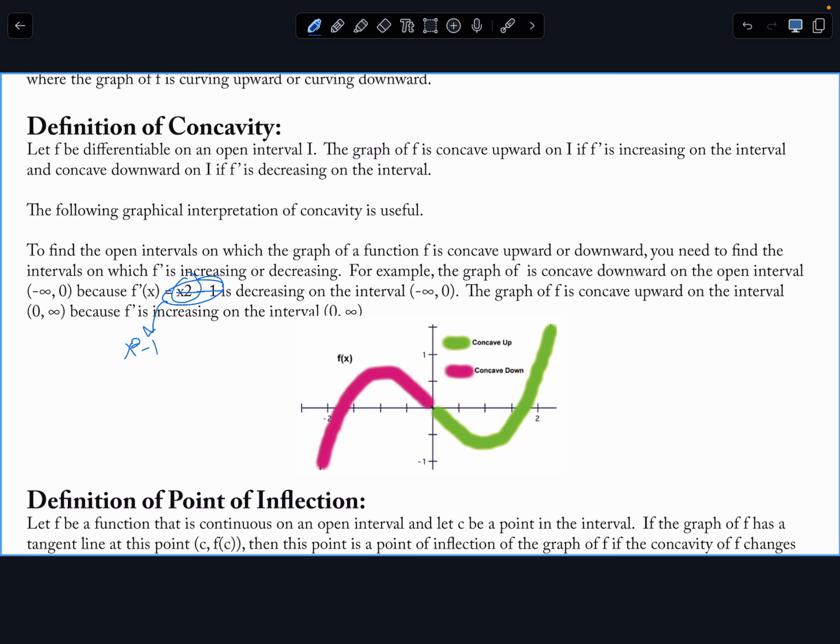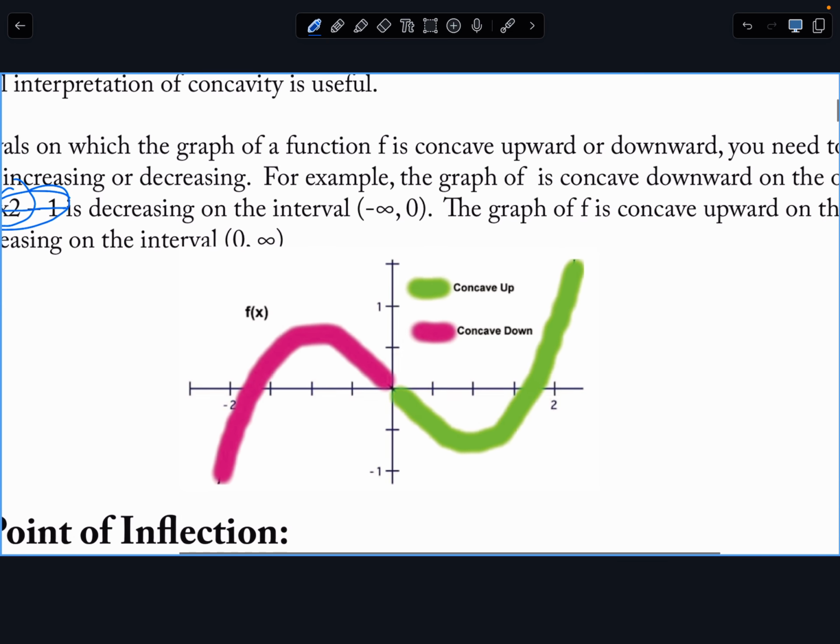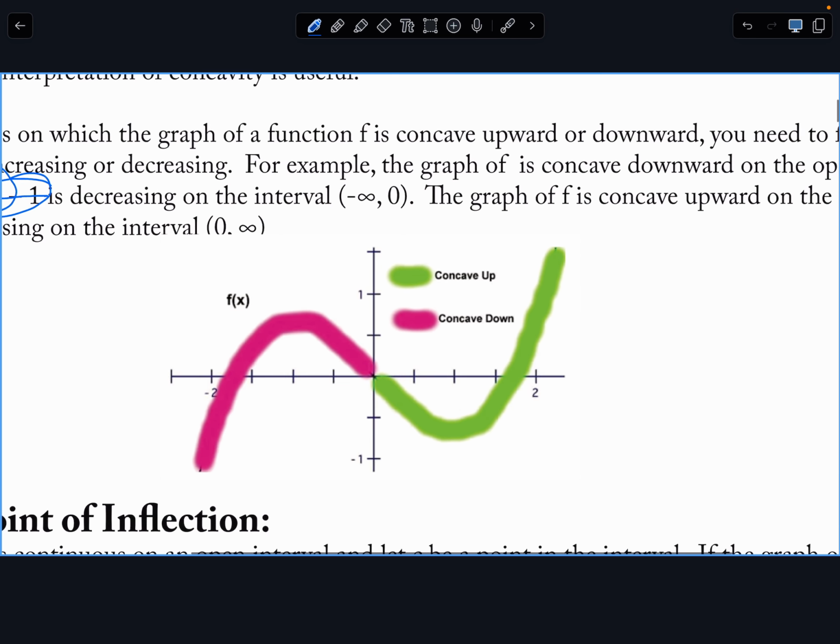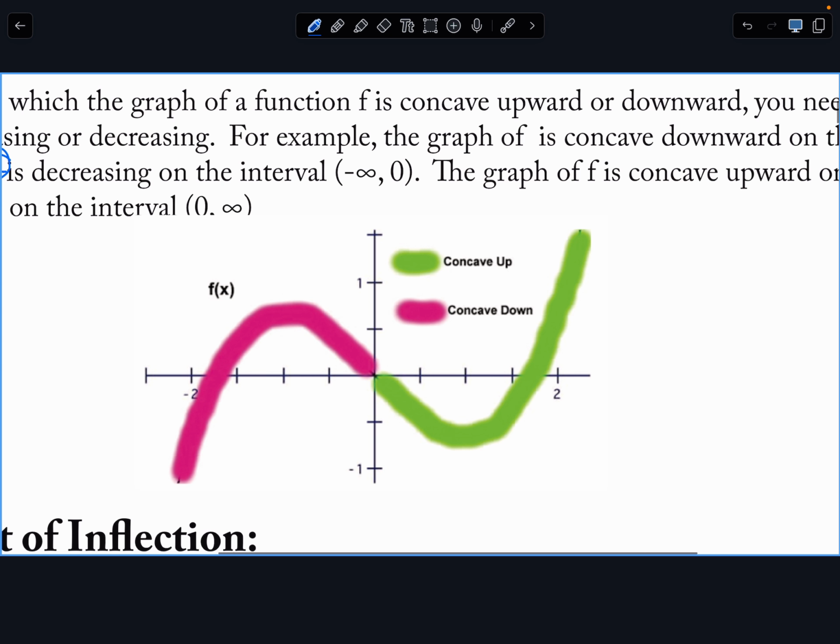Okay, so I like this picture. It's not in color on your paper. I feel bad, but I wanted you to see this. So here's a graph of a function. We would say that this area right here in the green is concave up.